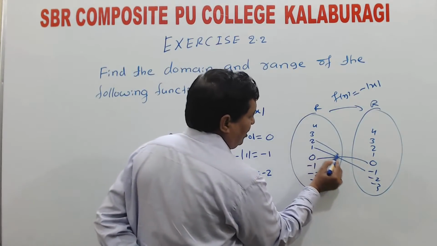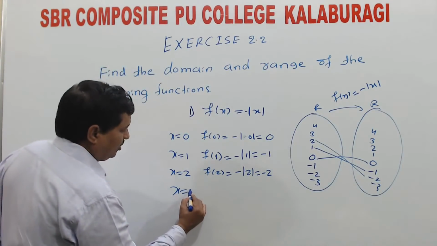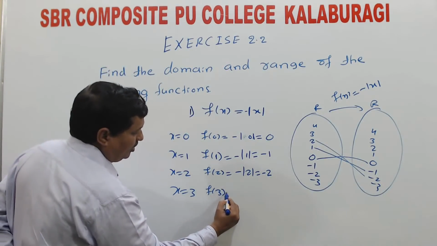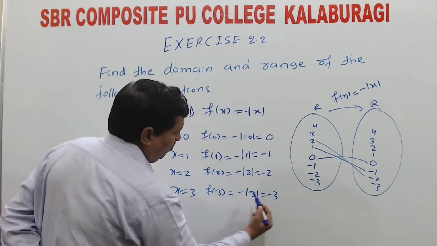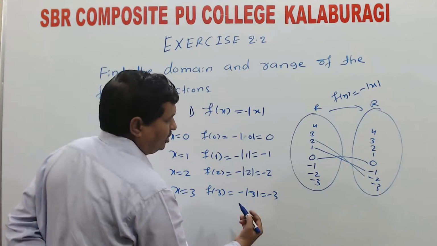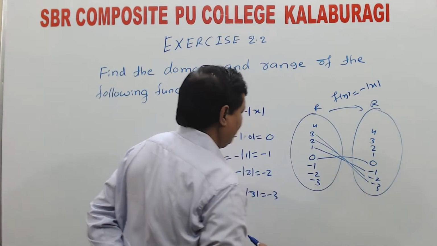Therefore 2 is again related with minus 2. x equal to 3, f of 3 equal to minus mod of 3, mod of 3 is 3, again minus 3. So 3 is related with minus 3.